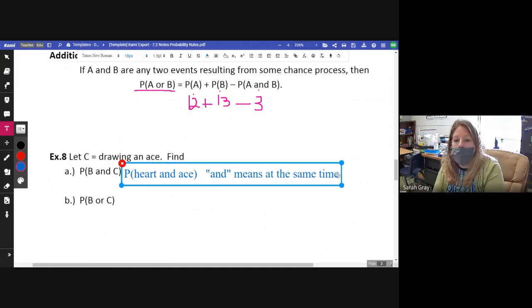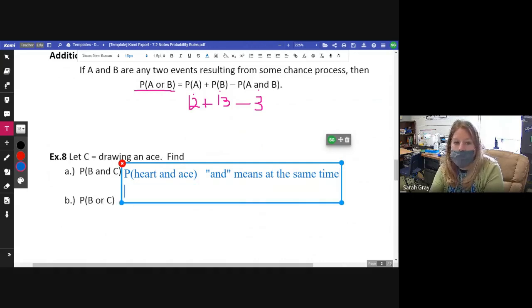So what is the probability of drawing a heart and an ace? Nope. One card. Nope. Somebody said 13, somebody said 17. Yeah, it was 1. There is only one card that is both a heart and an ace.